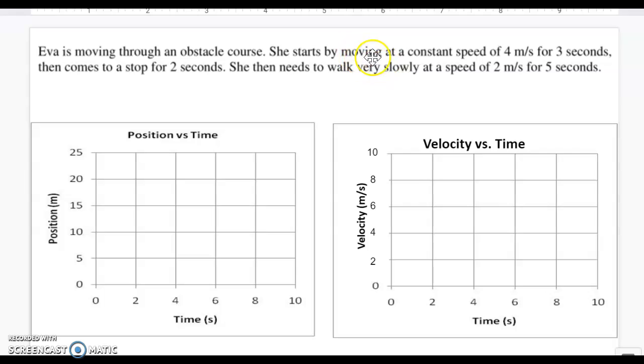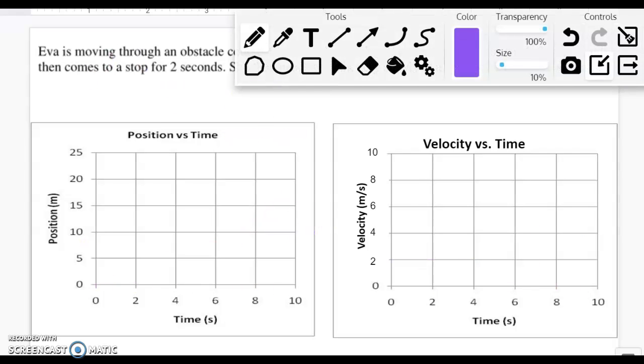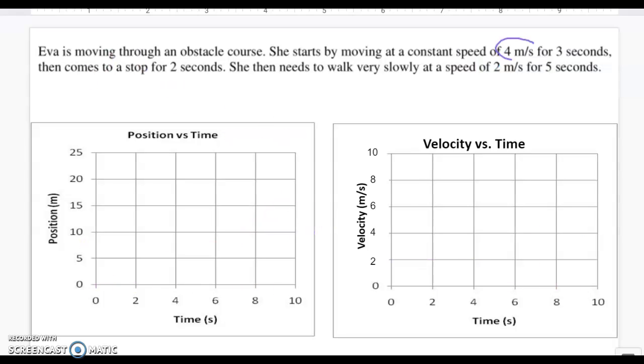And so when we draw these graphs, again, it doesn't matter which one you draw first. You could draw the position versus time or the velocity versus time. But the information that they give you really goes along with speeds or velocities because it's in meters per second. So let's draw that one out first.